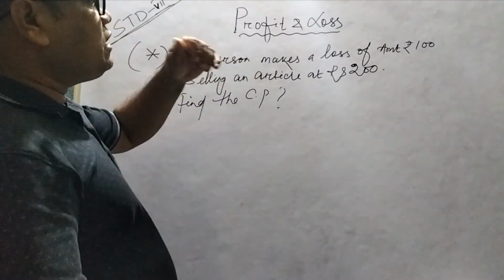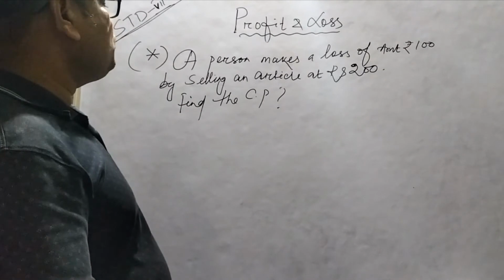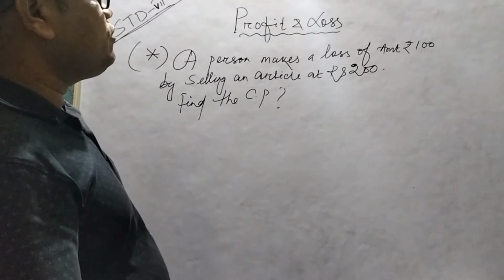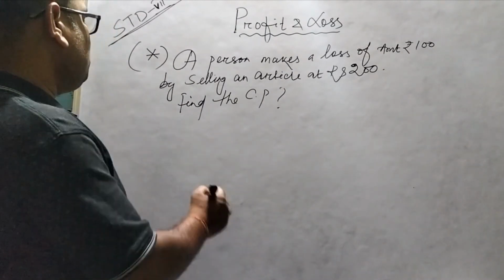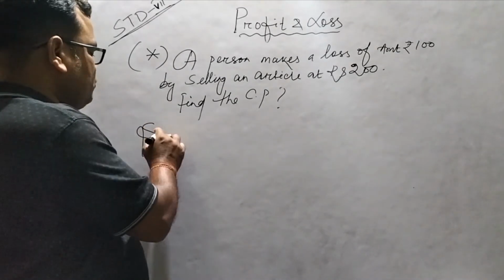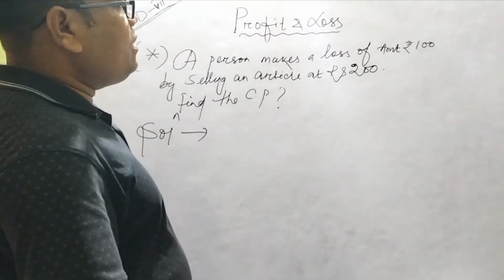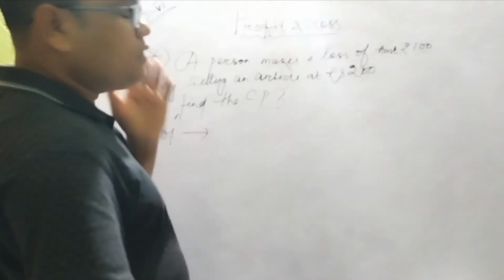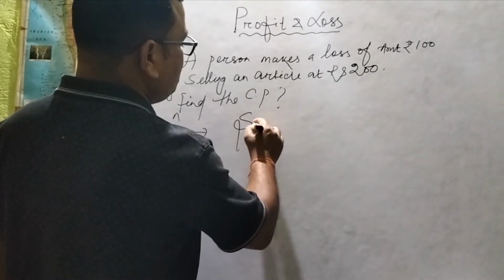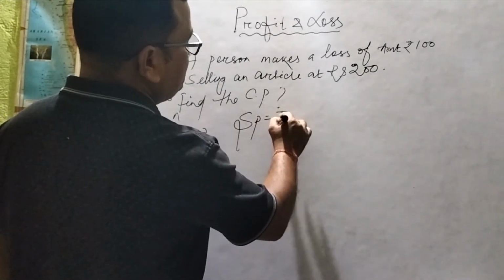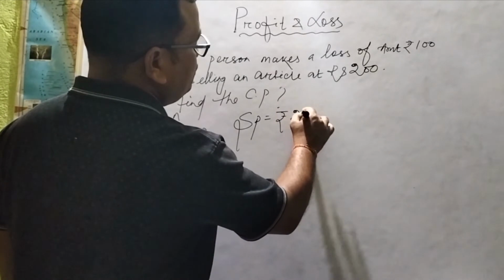A person makes a loss of rupees 100 by selling an article at rupees 200. That means in the solution, the article has already been sold, so the selling price is given: 200.